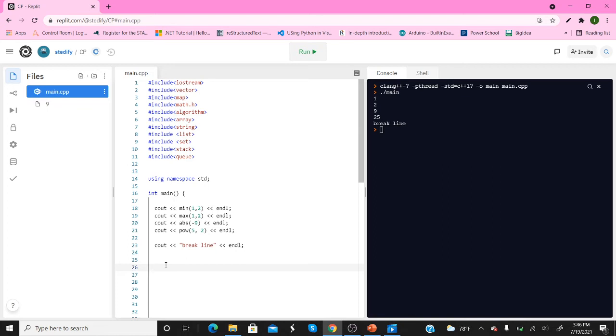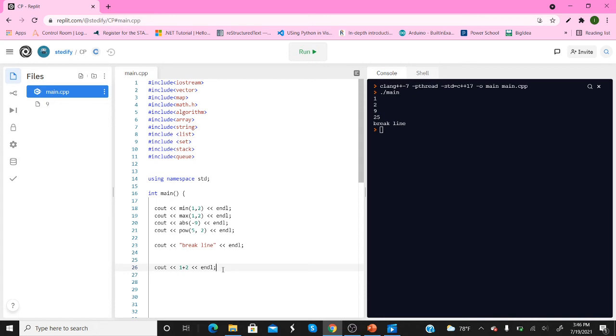I'm going to start off by just doing cout, and we'll add first. I'm going to do 1 plus 2, and endl.